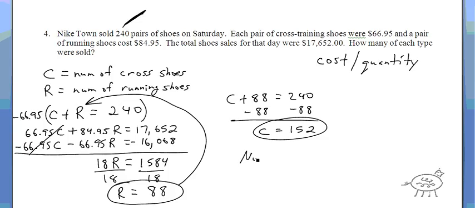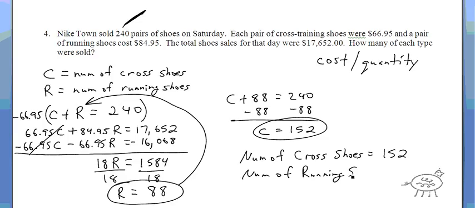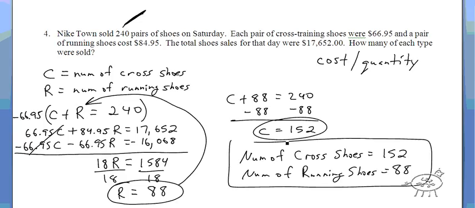Let's say the number of cross-training shoes is 152, and the number of running shoes equals 88. And that's your answer. Okay, so again, recognizing this is a cost quantity problem, and you're good to go.